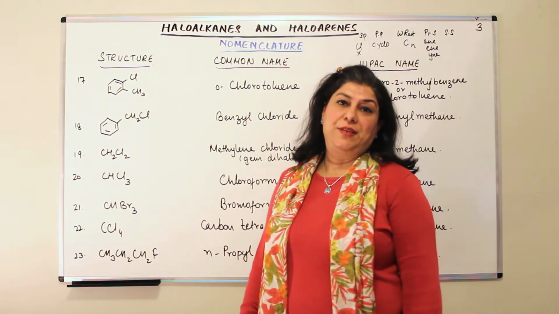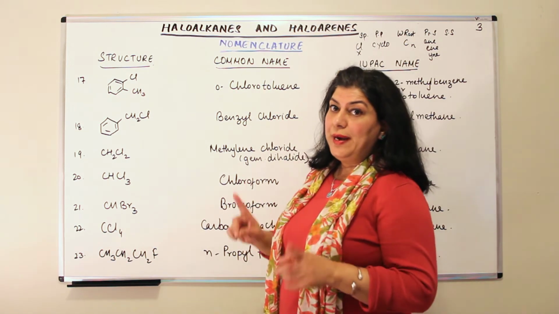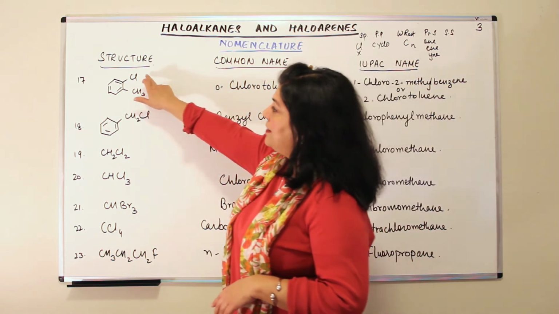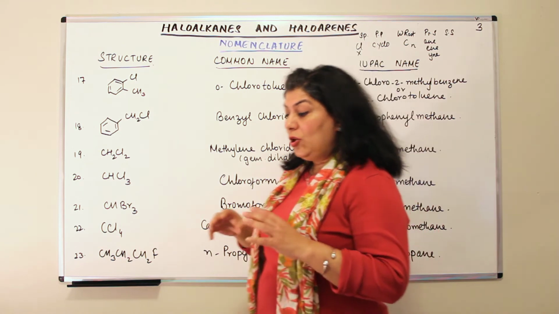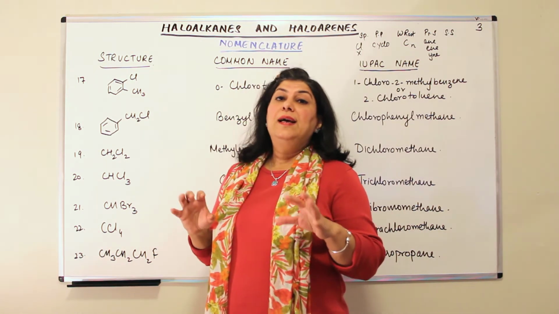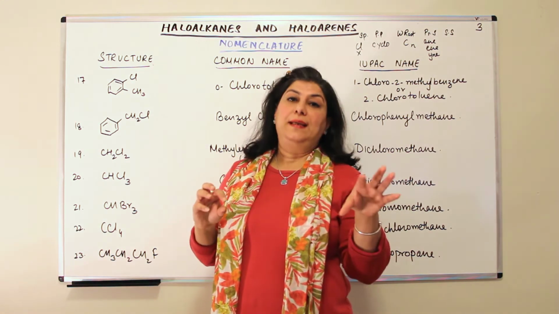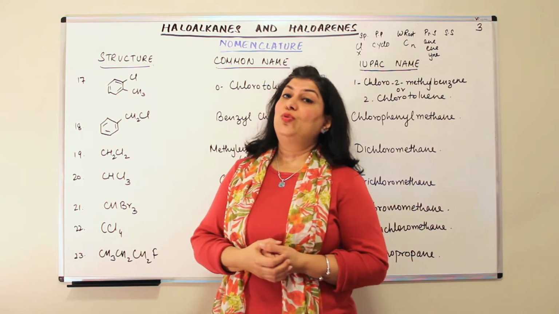This is example 17. Look at this example. It has a benzene ring, and to 2 adjacent carbon atoms, to 1 carbon atom is attached chlorine and to the other is a methyl group. In common nomenclature, whenever you have the methyl group attached to the benzene ring, we call that toluene. And this word toluene has been adopted by the IUPAC nomenclature also.